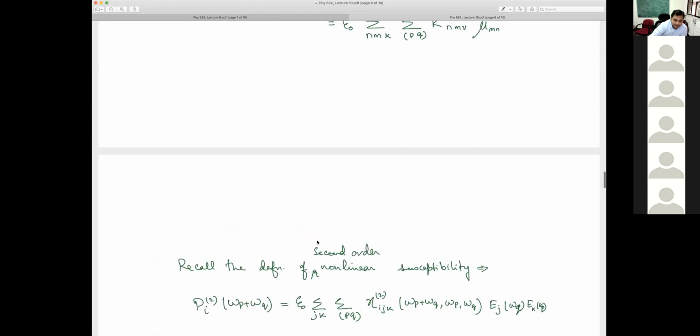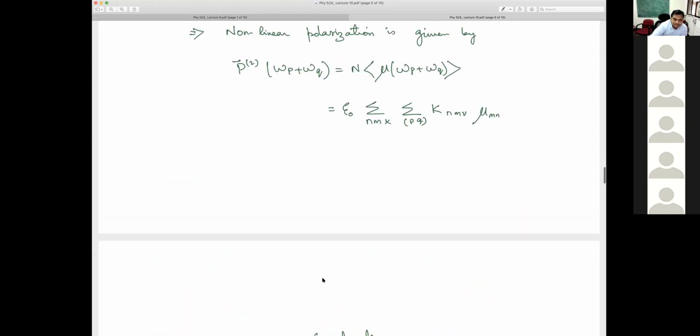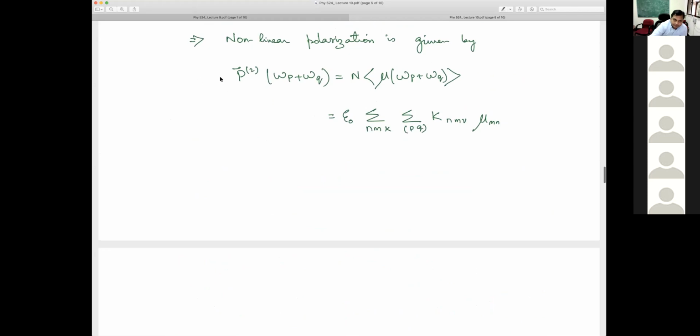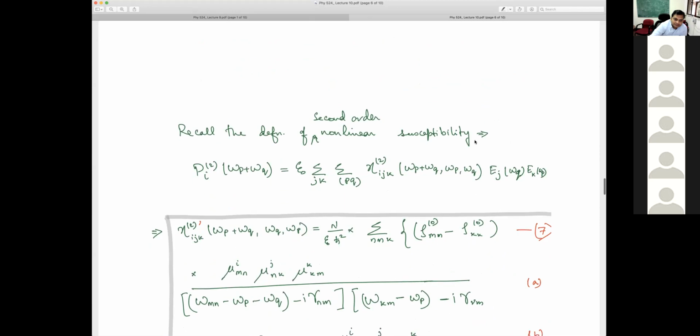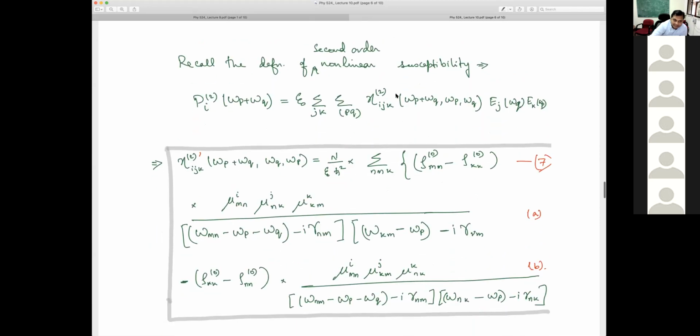So we already calculated the polarization. We calculated the mu, and the polarization I can write in terms of this mu. So using this relation now, I can write down this chi2 explicitly. For some reason, I'll not write this as chi2, let me write this as chi2 prime. The reason will become clear in a minute.